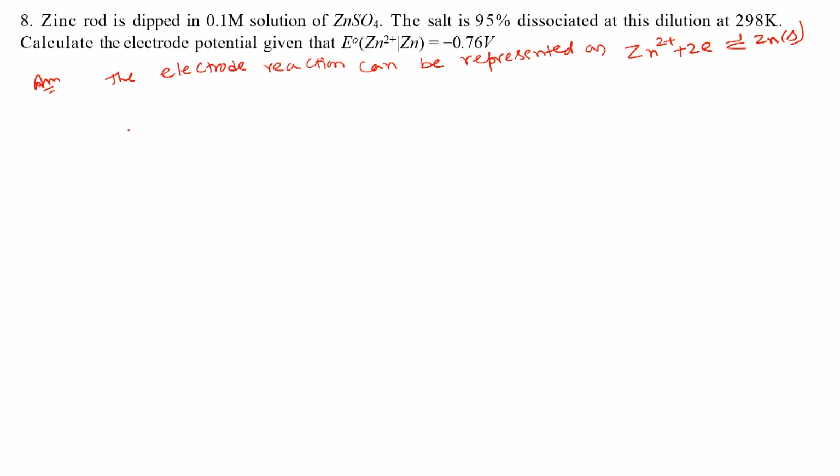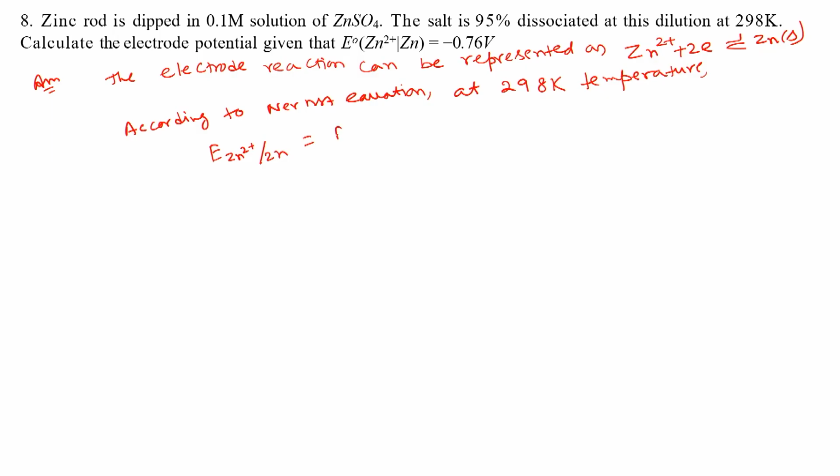So, according to the Nernst equation, at 298 K temperature, E for Zn 2 plus to Zn is E naught Zn 2 plus to Zn minus 0.059 by n, where n is 2 here, the number of electrons, times log of concentration of Zn by concentration of Zn2 plus.